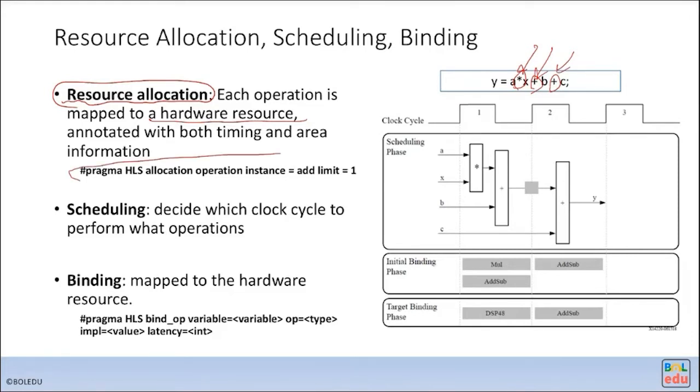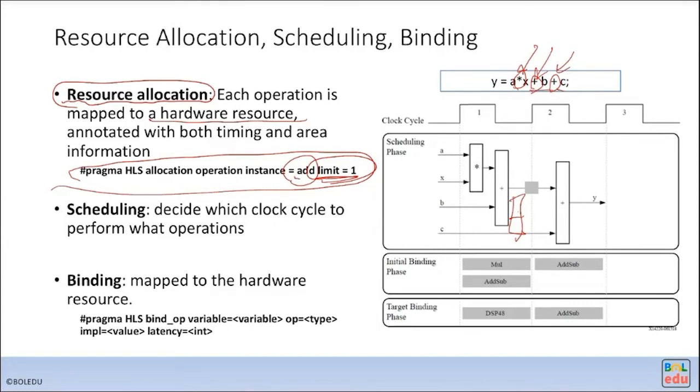For example, the designer says for this adder operation, I only limit to one adder. In this expression, you have two adders. Since you allow only one adder, this could not be completed in one cycle, because if you want to do everything in one cycle, then you need two adders. So you need at least two cycles.